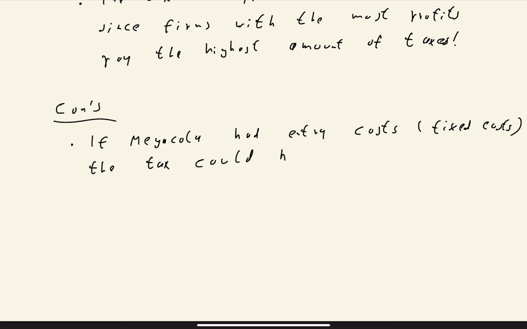So the tax could have... what did I just want to say? So if Mega Cola had entry costs, fixed costs, the tax could have prevented, this was the word I was searching for, so prevented it from entering in the first place.